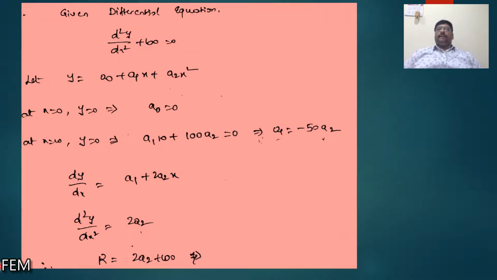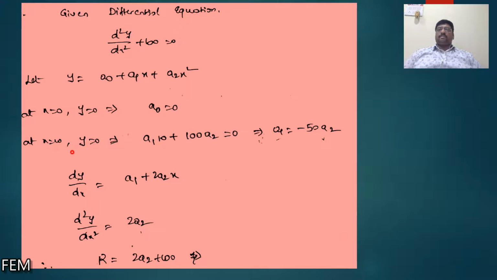Here y is the displacement function. For y, I am going to assume a polynomial equation, y is equal to a0 plus a1x plus a2x square. Now I apply the boundary conditions. At x equal to 0, y equal to 0, then I get a0 equal to 0.